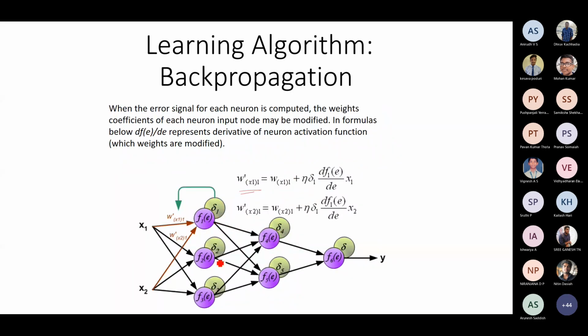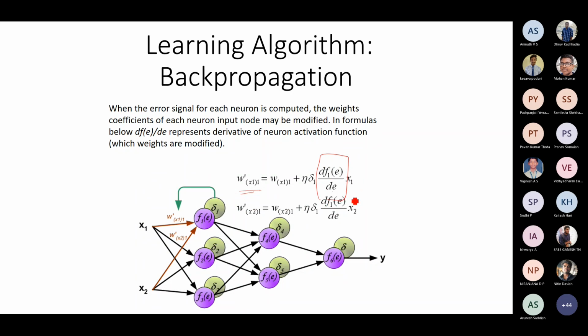Okay. So then correspondingly delta 1 will be modified with reference to this particular expression. This we already saw: W11 plus eta into delta 1. This is your change that will be modified, so dou by dou E of F1 of E into X1.